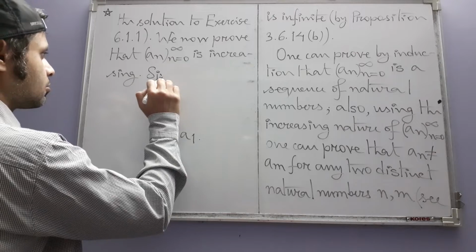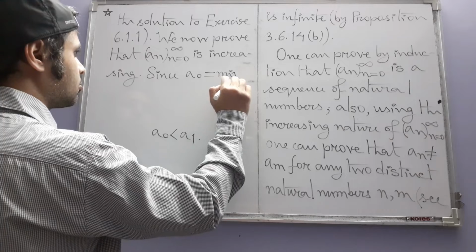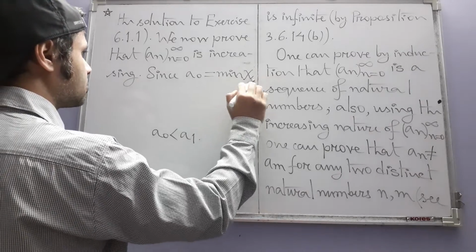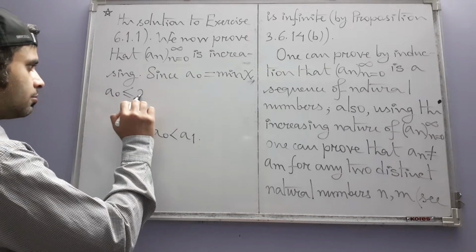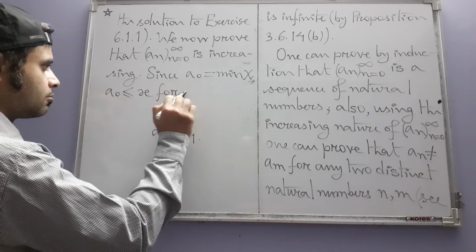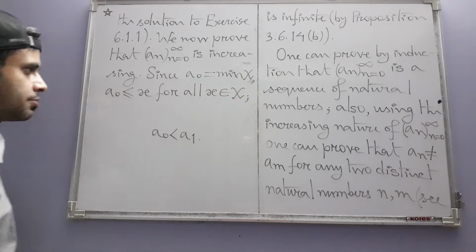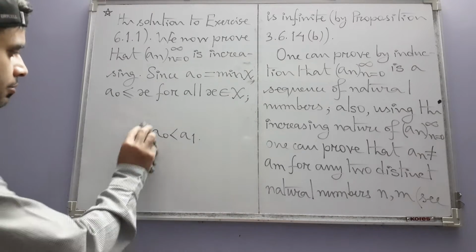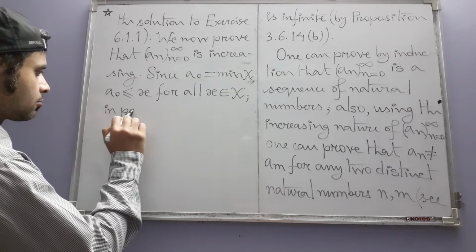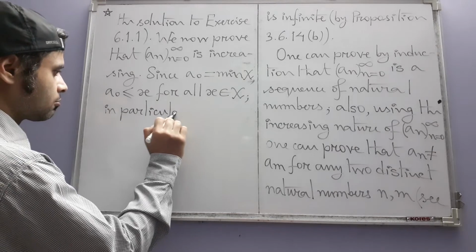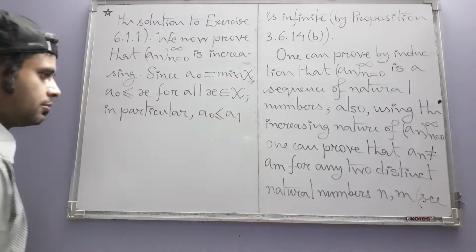Since a0 is equal to the minimum of x, a0 is less than or equal to x for all the elements of x. In particular, a0 is less than or equal to a1.